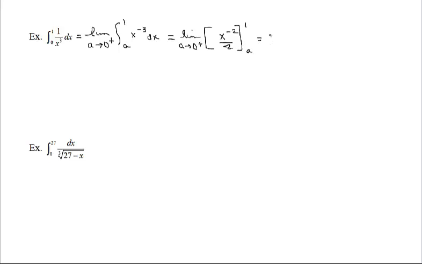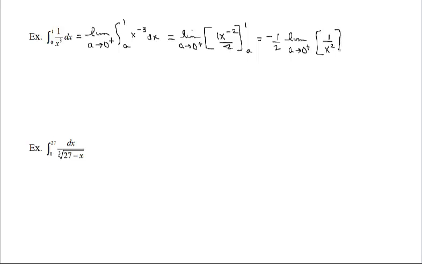A little bit of cleanup here before I actually plug in the limit, or apply the limit, I should say. I see this as -1/2, which I'm going to pull out as a constant multiplier, so -1/2 times the limit. Okay, and then also now that I've pulled out the -1/2 constant multiplier, I'm going to rewrite this as 1 over x squared.